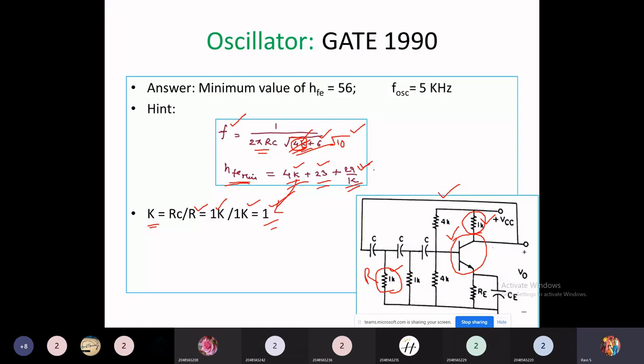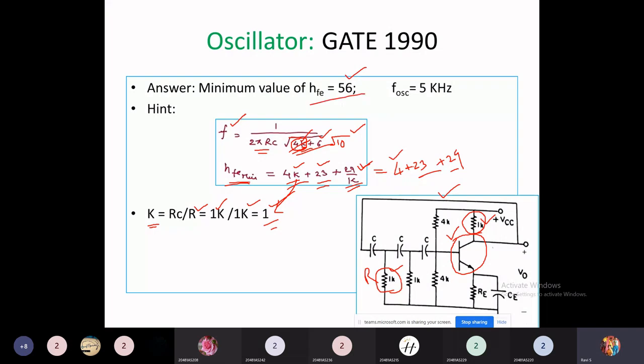If you substitute here, 4 times 1, 4, plus 23, plus 29 divided by 1. So adding, 29 plus 23 is 52, 52 plus 4 is 56. The minimum value of HFE is 56.